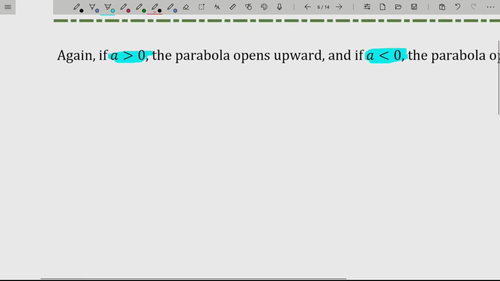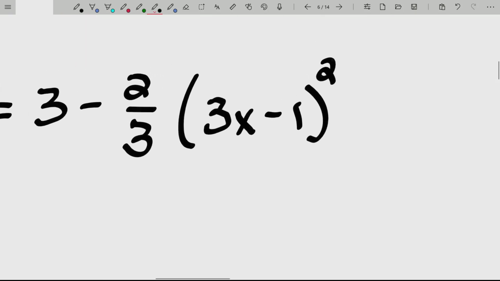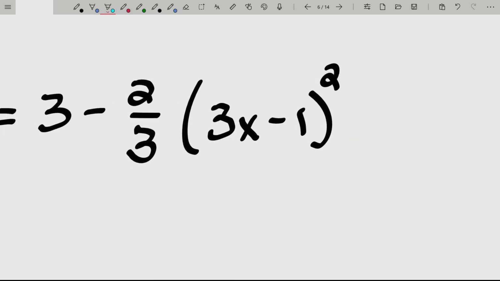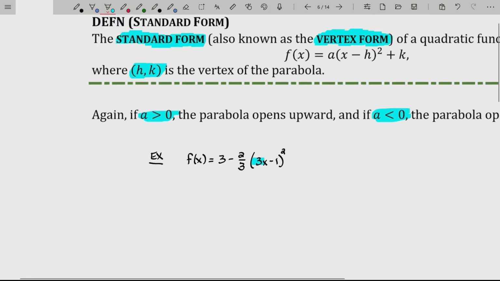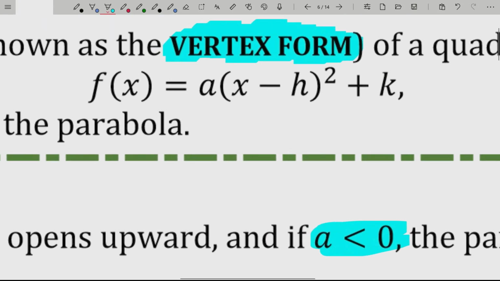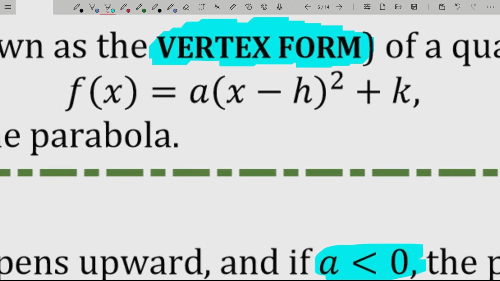Now, I don't have a very specific example showcasing this yet, but let's take the very first example we dealt with in this video, which is f of x equals 3 minus 2/3 times the quantity 3x minus 1 squared. The coefficient of x must be 1 to be able to talk about this vertex form.